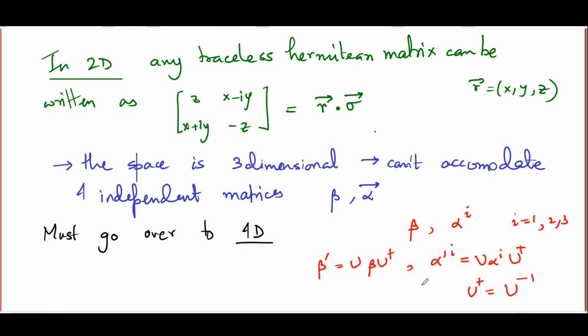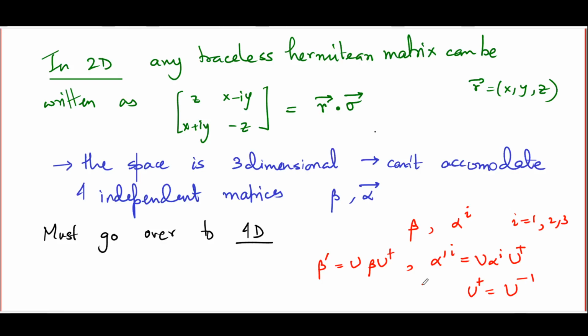What this means is that if you find one set of 4 matrices which satisfies the equation, you can find infinitely many such matrices just by carrying out a unitary transformation. This of course tells you that your solution cannot be unique. If there's one set which satisfies, you will have infinitely many such sets.